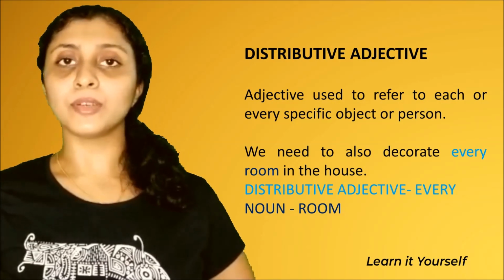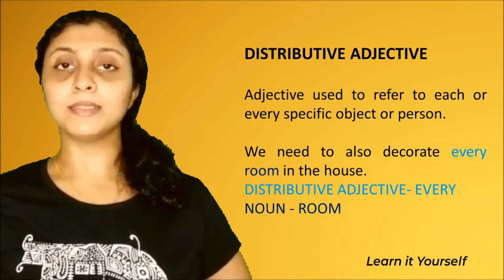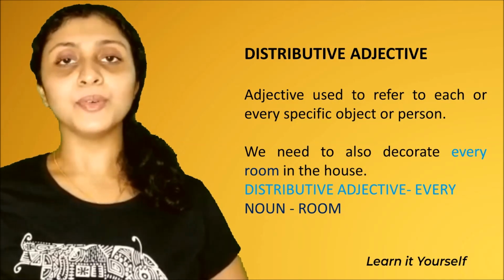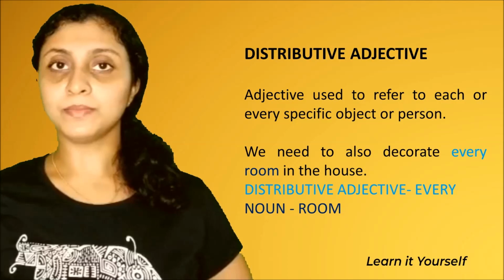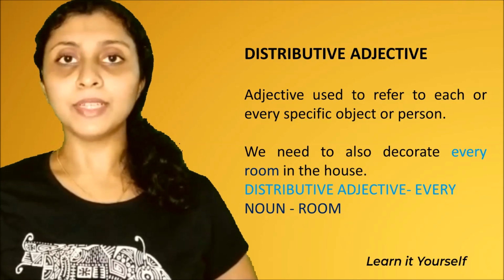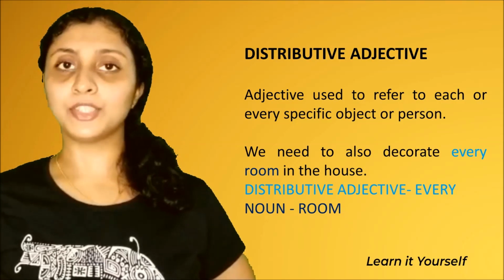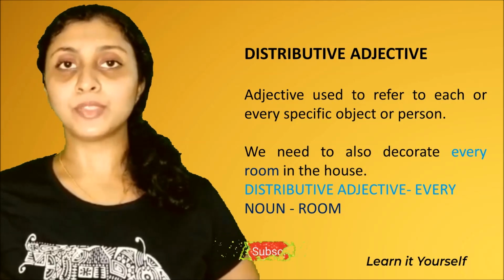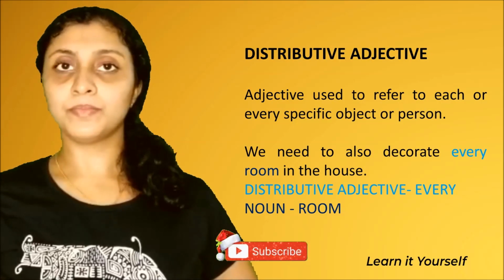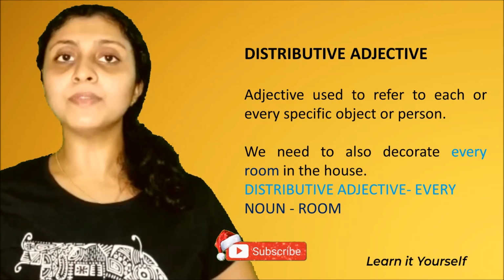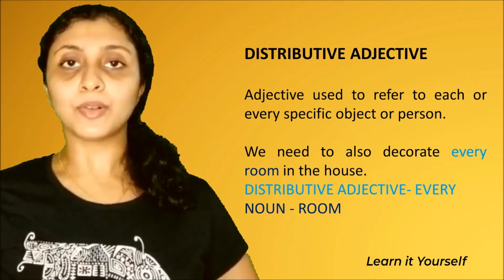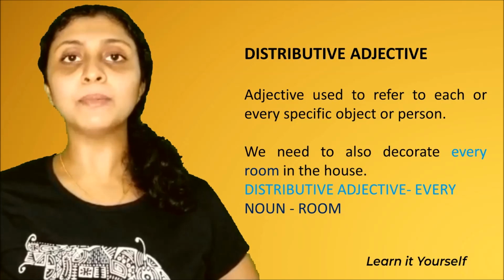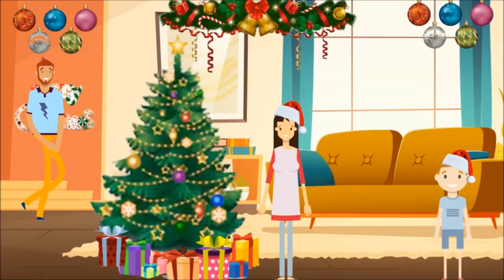Here in this conversation we have the mother say, we need to also decorate every room in the house. Here, every is the distributive adjective that is used to describe the noun room. So basically, distributive adjectives are those that are used to describe each or every person or object.